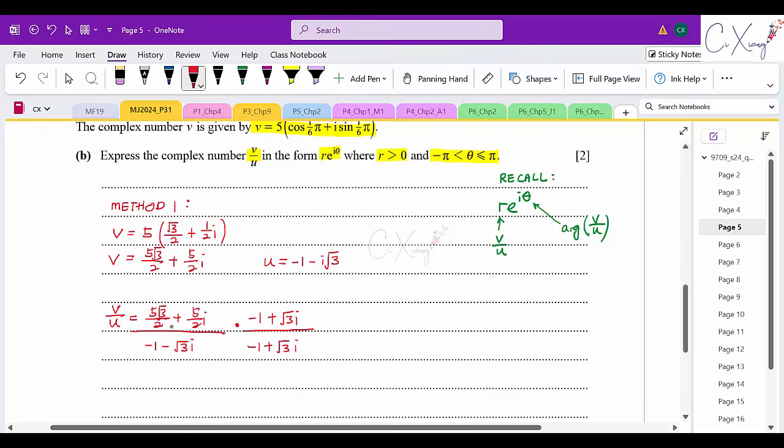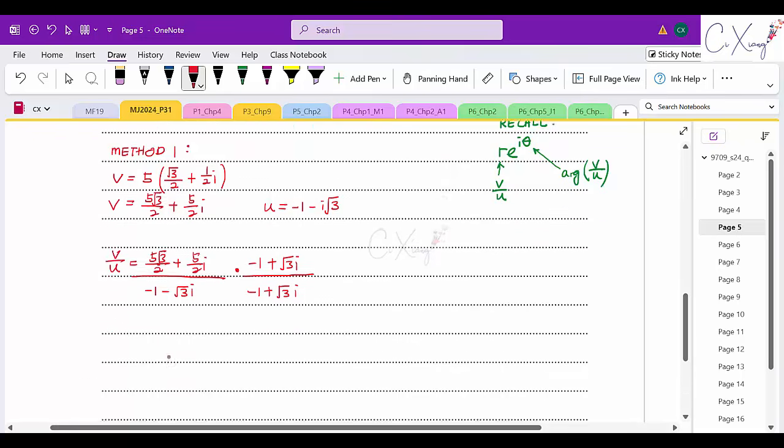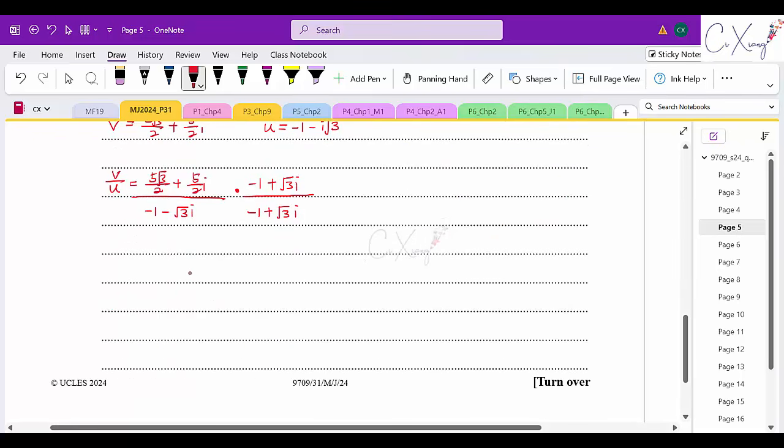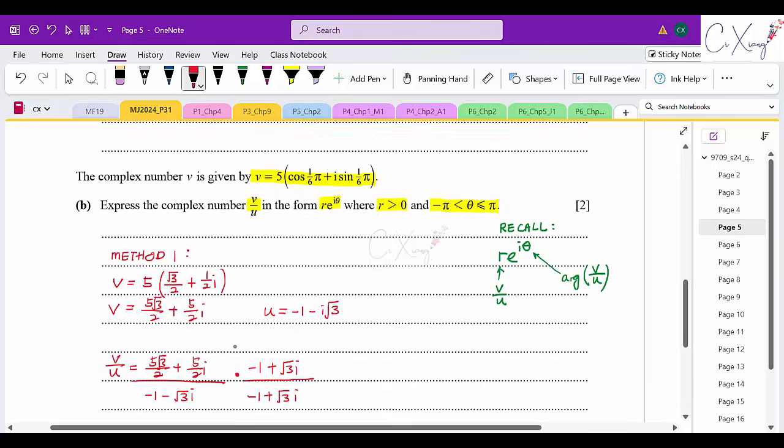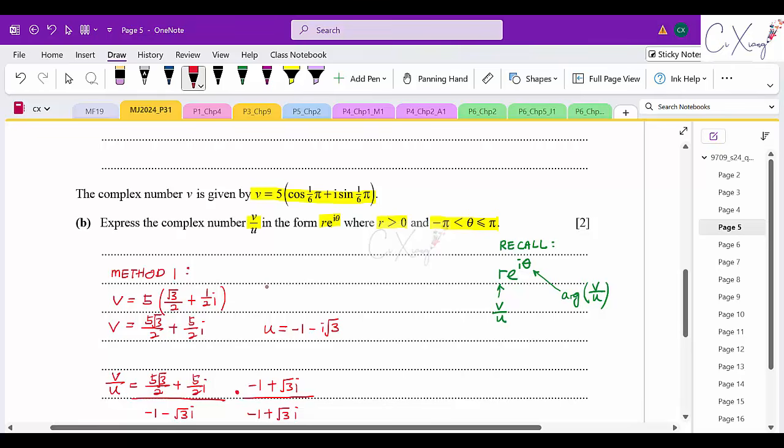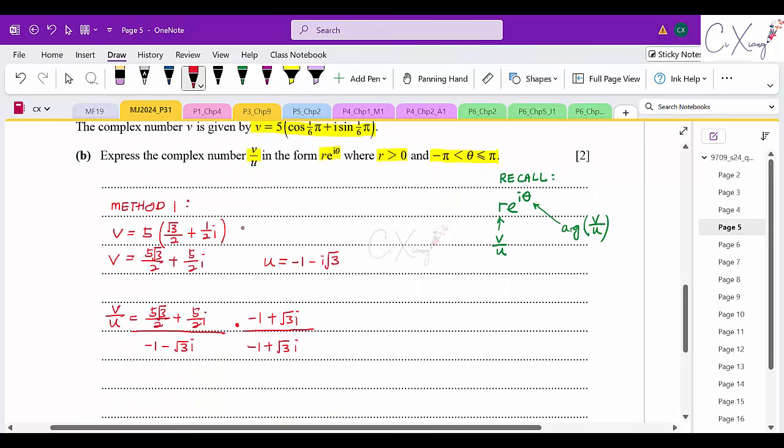Then simplify the whole thing and you get a complex number. From that complex number, only then do you find the modulus and also the argument. So basically this is the idea of how we solve this question using method number 1.